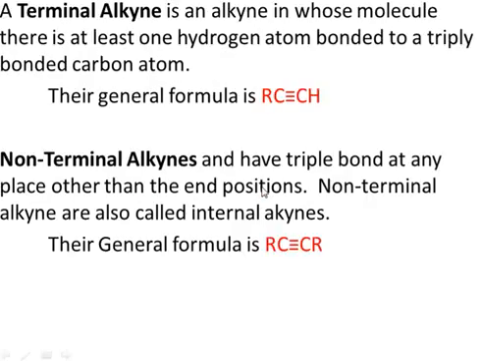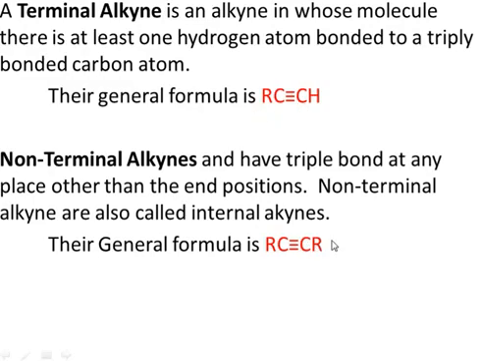So alkynes are of two types: terminal alkyne and non-terminal alkyne. Terminal alkyne is an alkyne in which there is at least one hydrogen directly bonded to a triple bond carbon. So here I have a carbon-carbon triple bond, and here you have a hydrogen which is directly bonded to this triple bond carbon. If an alkyne has a hydrogen directly attached to a triple bond carbon, then this alkyne is known as terminal alkyne.